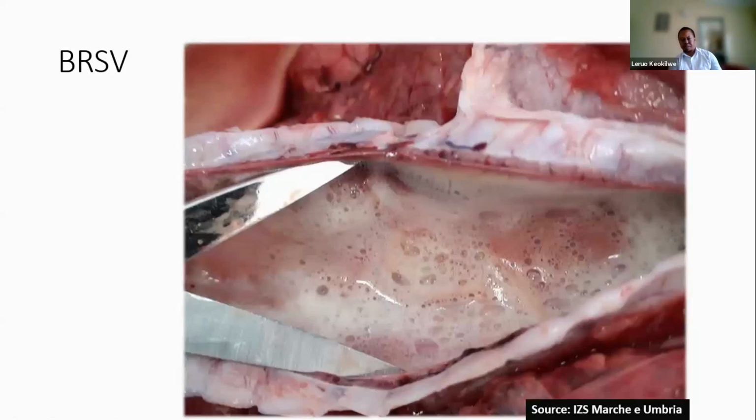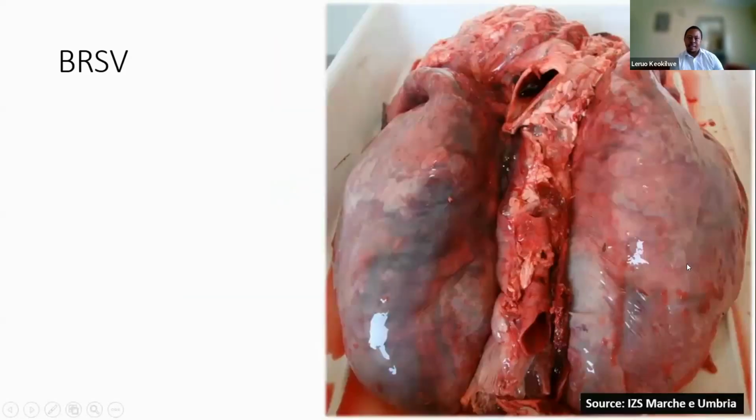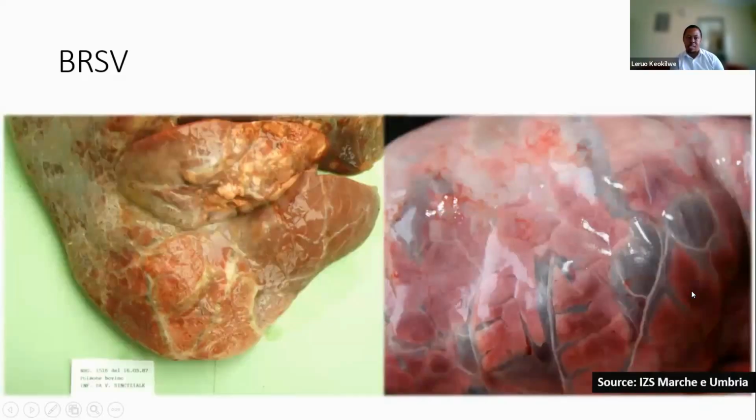You can see a lot of frothy effusion there in this section and a lot of edema in the trachea and bronchus and the lungs. And here you can see hemorrhagic lung with a lot of edema and very enlarged. And the emphysema there is also evident, which is associated with bovine respiratory syncytial virus.